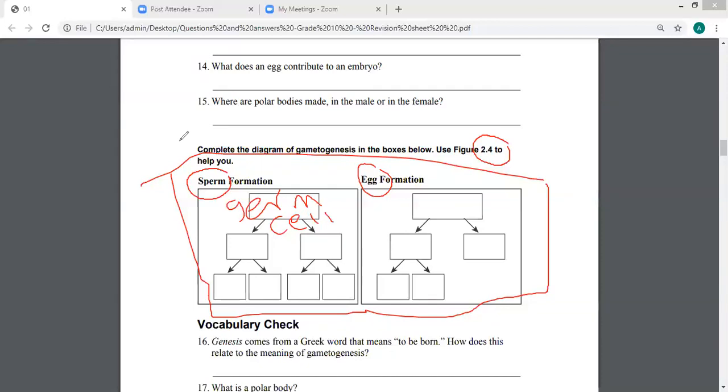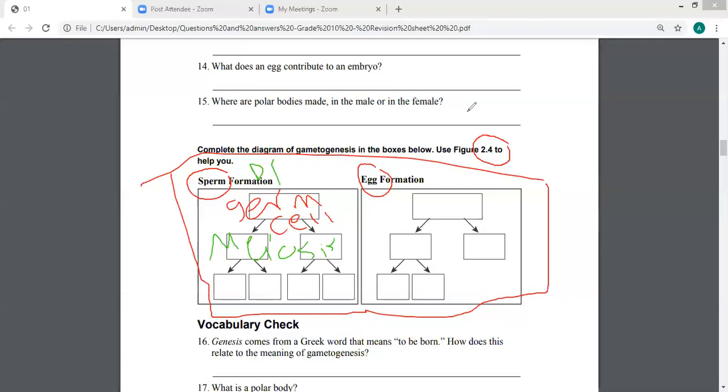No one knows. Testis and the ovaries are diploid. Okay. And then meiosis division occurs to produce the gametes.